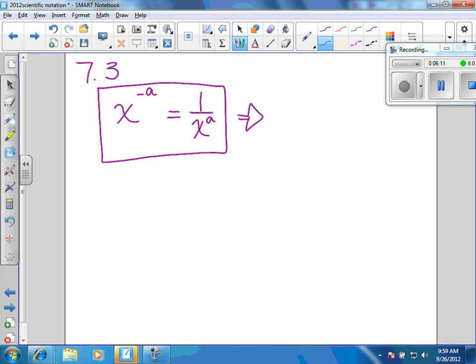Okay, so a sample problem would be if we put an example here and just said 5 to the negative 2 power. That negative tells us you're going to have a reciprocal. So you have a fraction now. You still have the same base of 5. You still have the same exponent of 2.